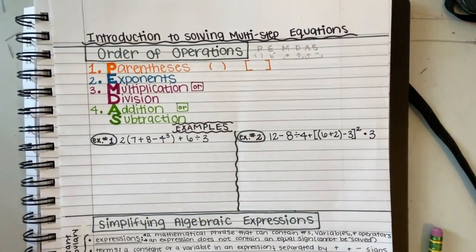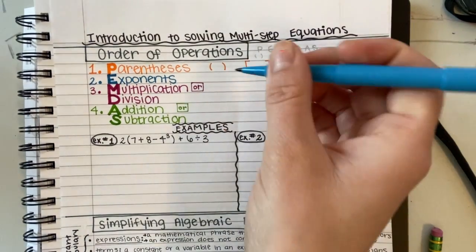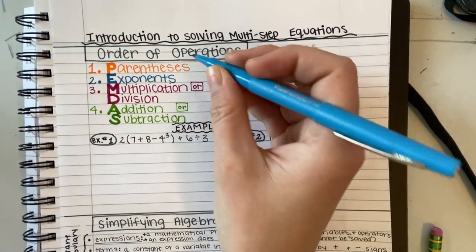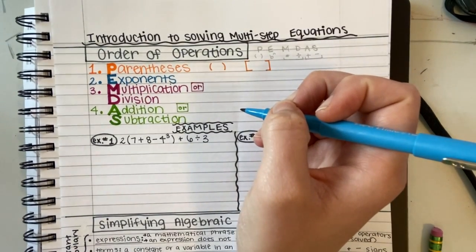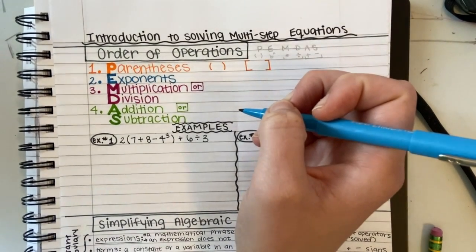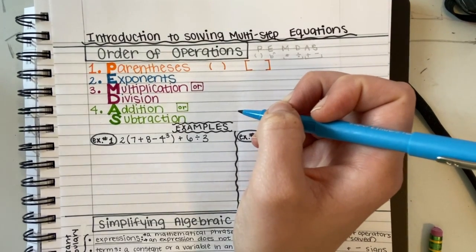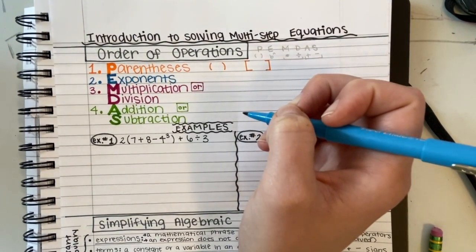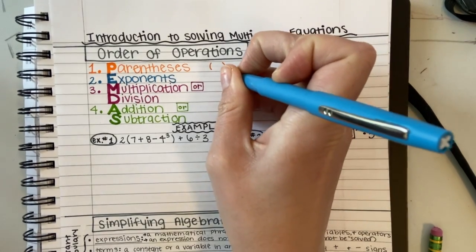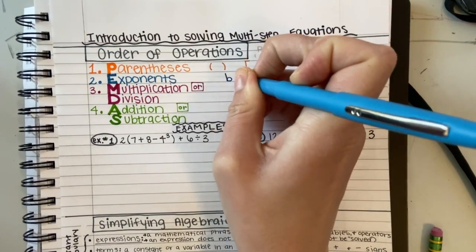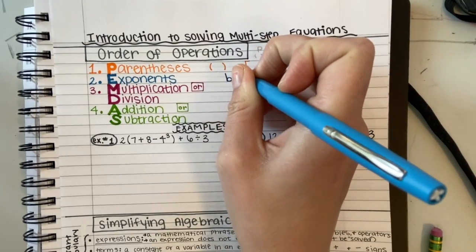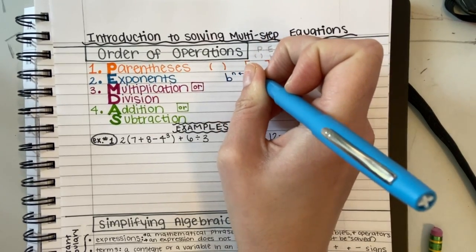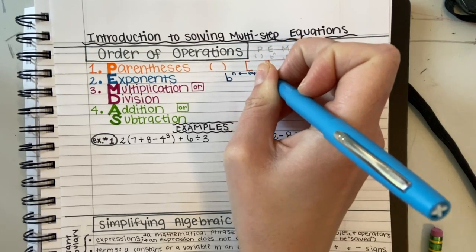Exponents are what I think is the trickiest part of PEMDAS, because exponents are easily mistaken for multiplication, and although it is a form of multiplication, it's a very specific form. When we have exponents, we have the big number, which we call the base, and then we have this superscript, this tiny number up here, that is our exponent.